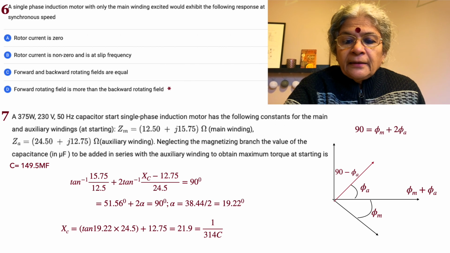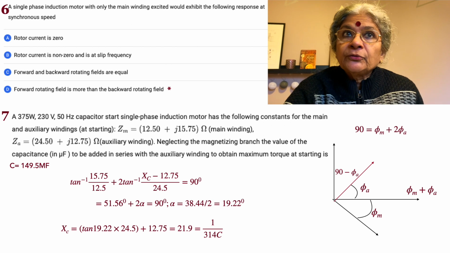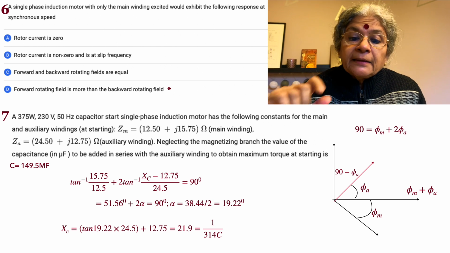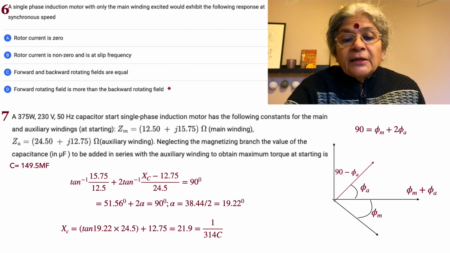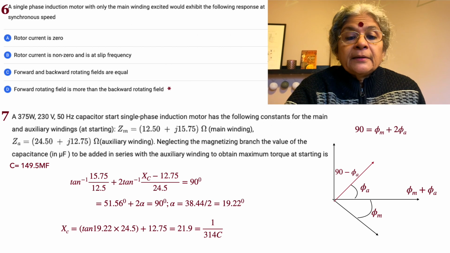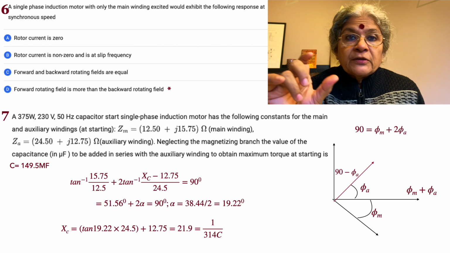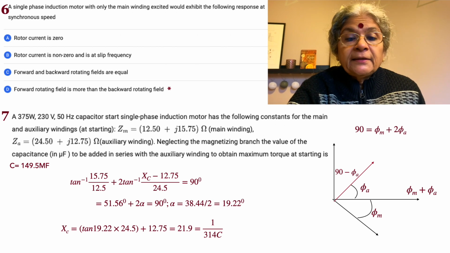Then we have the auxiliary winding such that it makes another angle, because we are putting a capacitor there, and that capacitor will give rise to a lead angle for the auxiliary winding, such that we achieve phi a. And so it is clear that the remaining angle in the first quadrant should be 90 minus phi a.